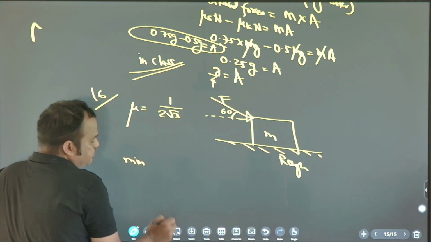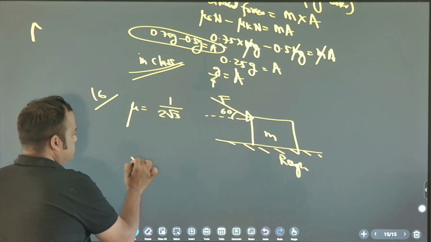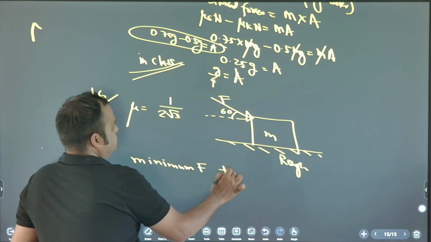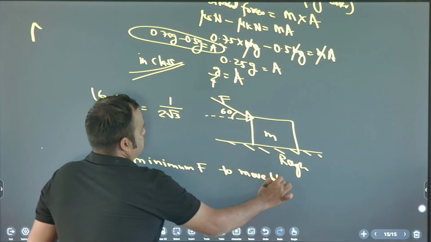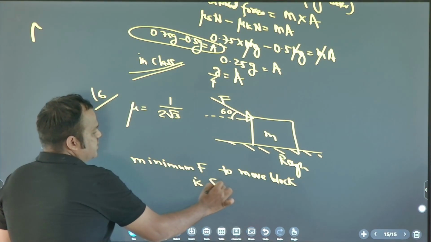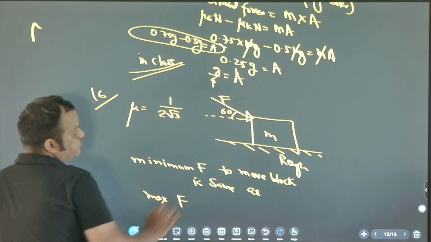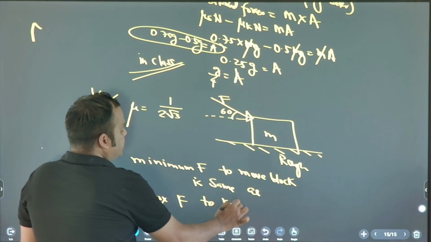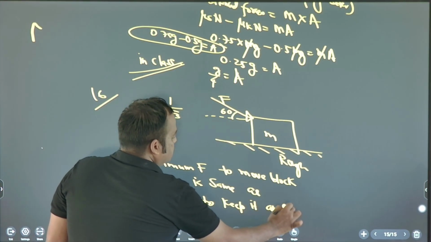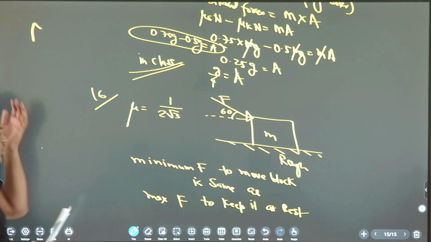So the minimum F to move the block is the same as the maximum F to keep it at rest. Both are the same thing. Are you getting? Both have the same meaning.